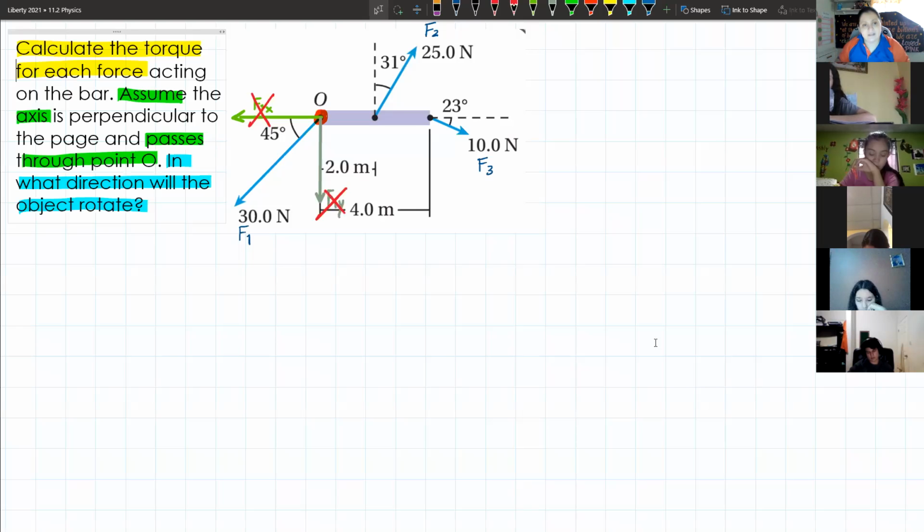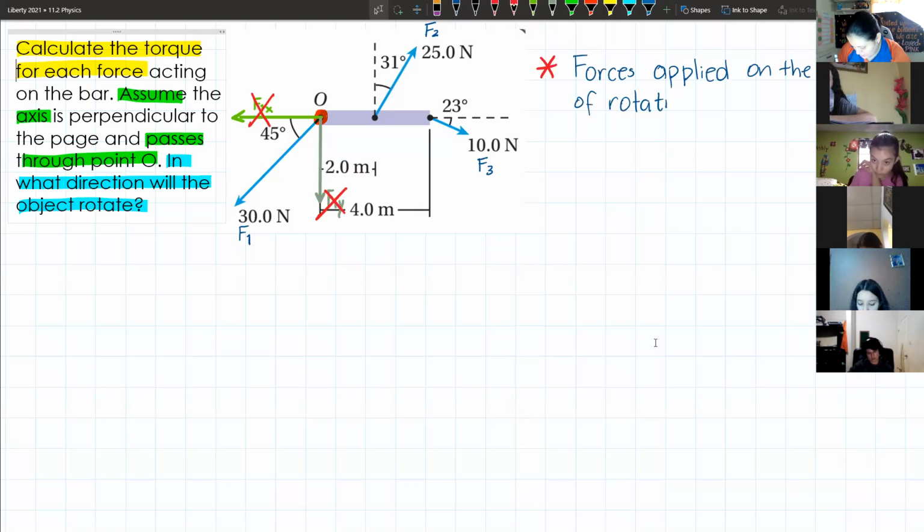So what you can see here, and that's why I'm going to write this beside, is forces applied on the axis of rotation don't produce torque.